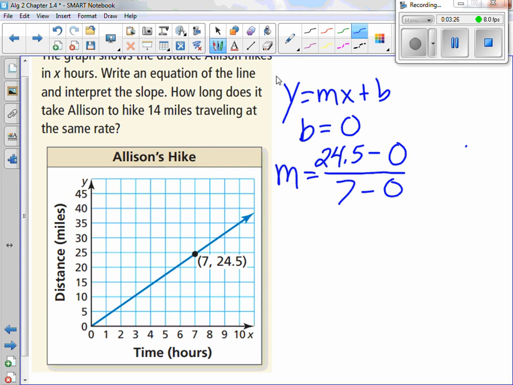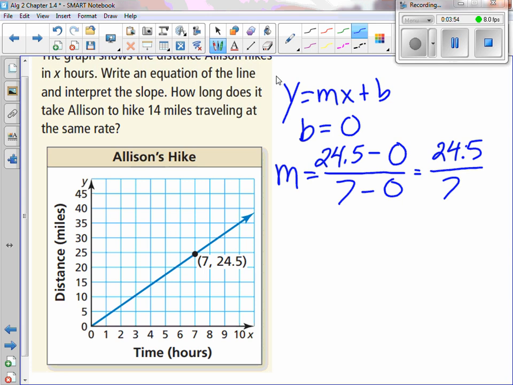If you remember back to the distance formula, how we ordered x and y really didn't matter. We talked about midpoint, the order didn't matter. Here it does. Well, 24.5 minus 0 is just 24.5. 7 minus 0 is 7.